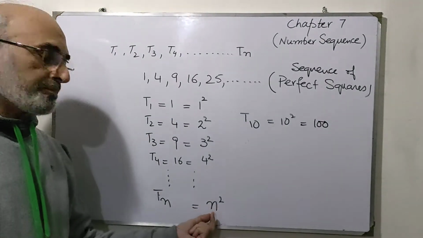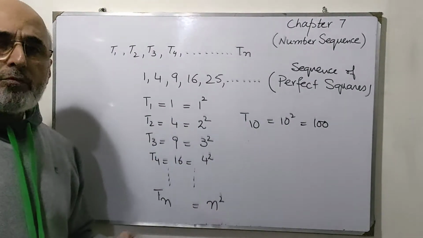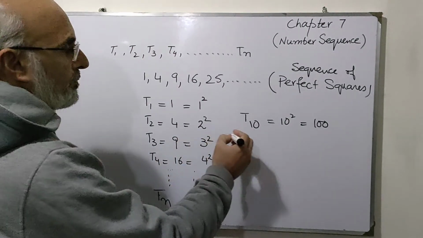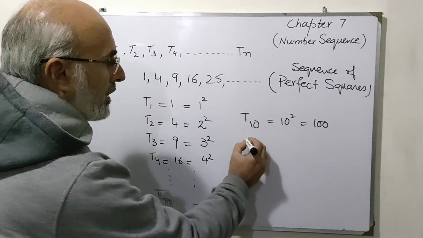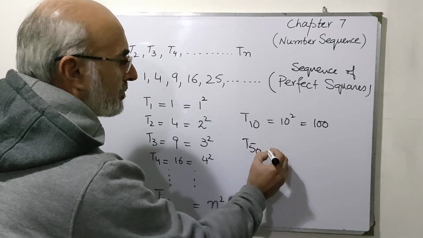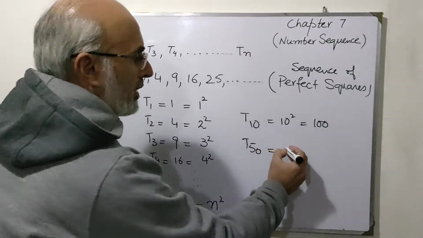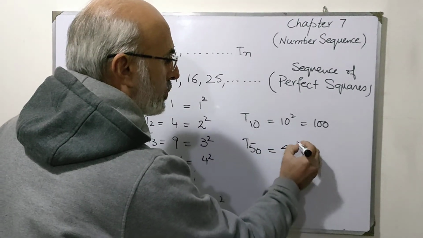We'll be replacing n by whatever number we want, right? If we want to know what T50 is, we replace n with 50, so it will be 50 square.